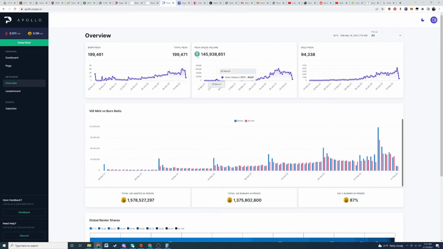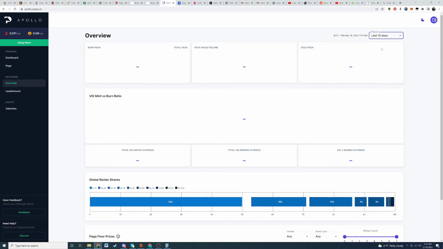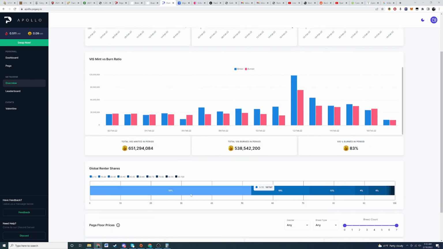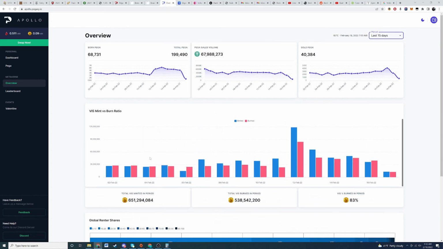You can use Apollo to see sales volumes over the last 2 weeks, over the last month. You can see what other scholars are earning. You can take a look at the mint versus burn ratio. So pretty much all of the information that you need to educate yourself on Pegaxy is out there and publicly available and completely transparent. So do your research.